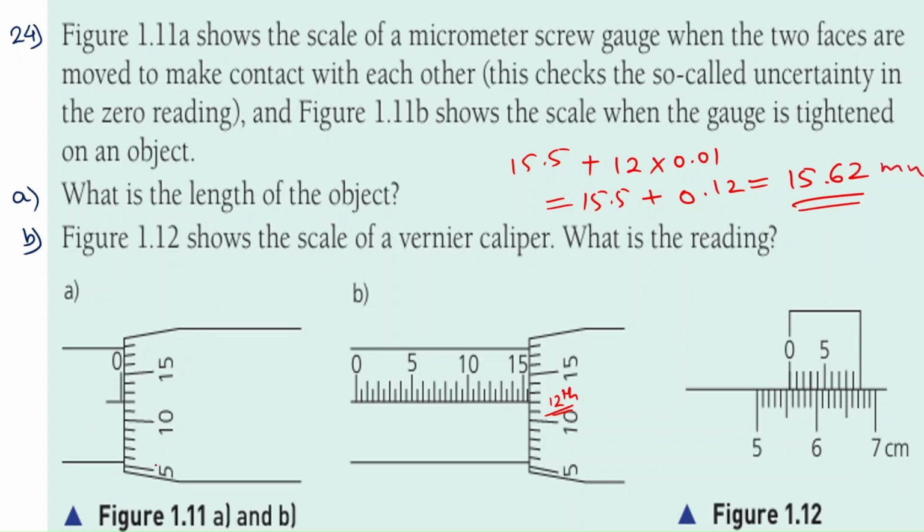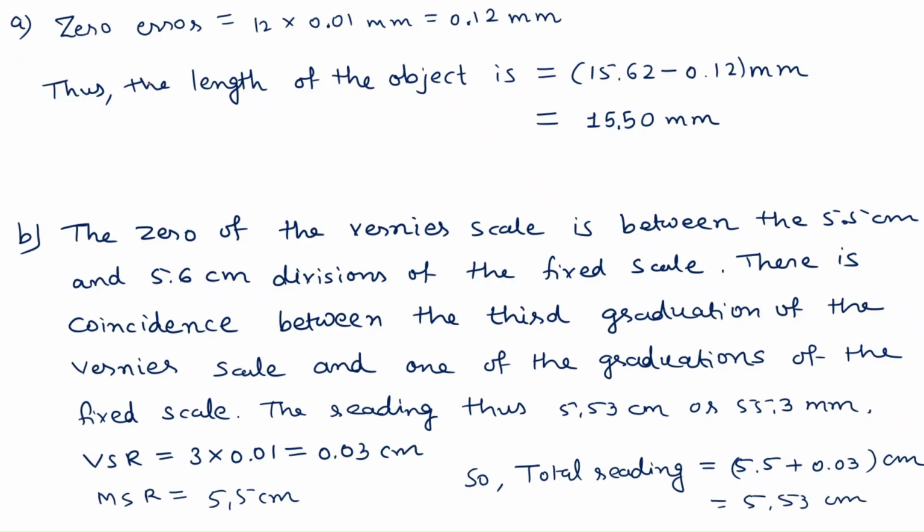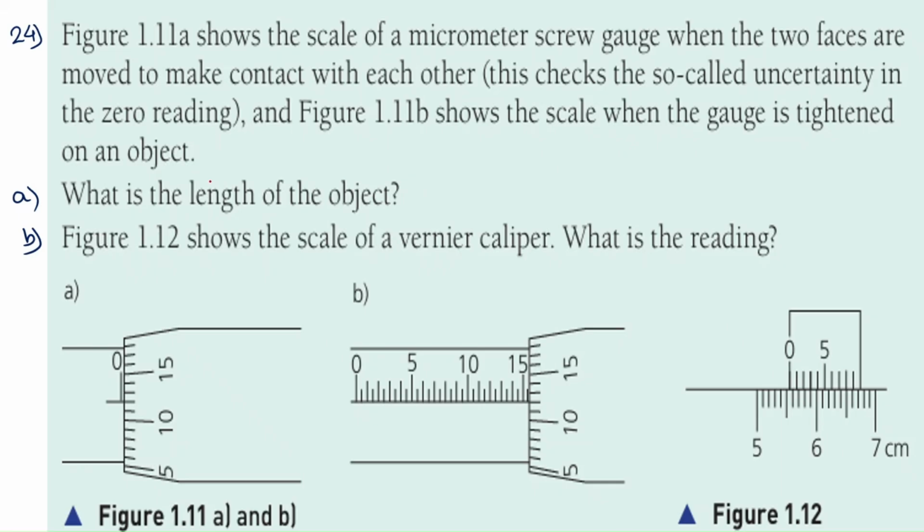But we know this contains an error. So how do I eliminate this error? You have to identify the error, whether it is positive or negative. In an ideal situation it should be zero here, but it is not zero, it is the 12th line, the 12th division.